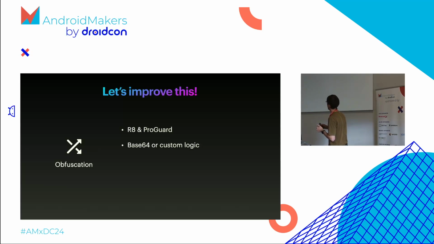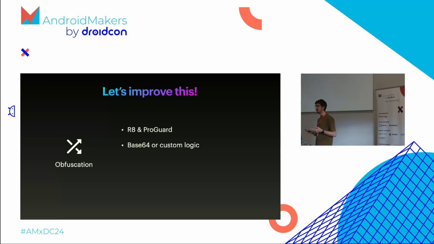All right. Let's apply some sort of obfuscation to the string itself. We can use something as simple as base64, right? We encode our API key in base64, and then we store it in our source code, or apply some other custom logic, a bit more advanced. But in order to then take the key and pass it to the Gemini SDK, we need to revert whatever obfuscation we did on our source code.